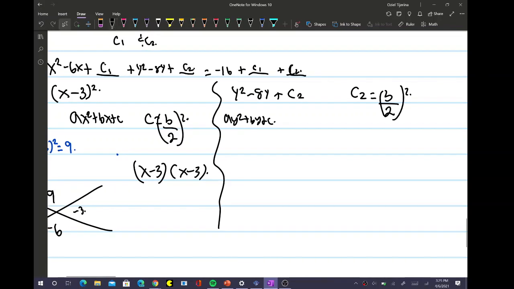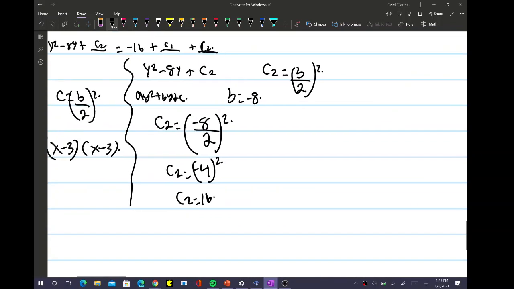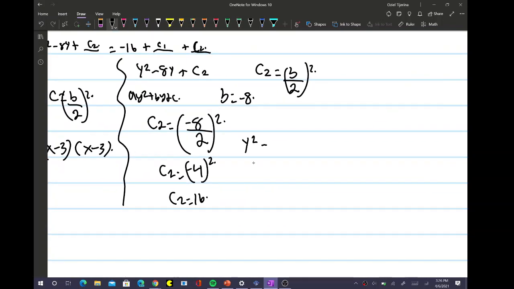We want a perfect square trinomial, so b equals negative 8. So c2 equals the quantity negative 8 over 2 quantity squared. So c2 equals negative 4 quantity squared, c2 equals 16. So then we have y squared minus 8y plus 16.